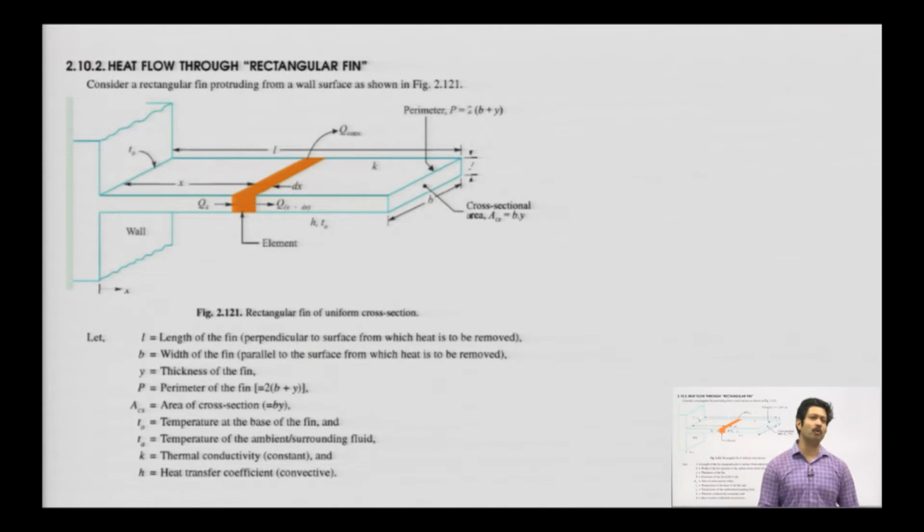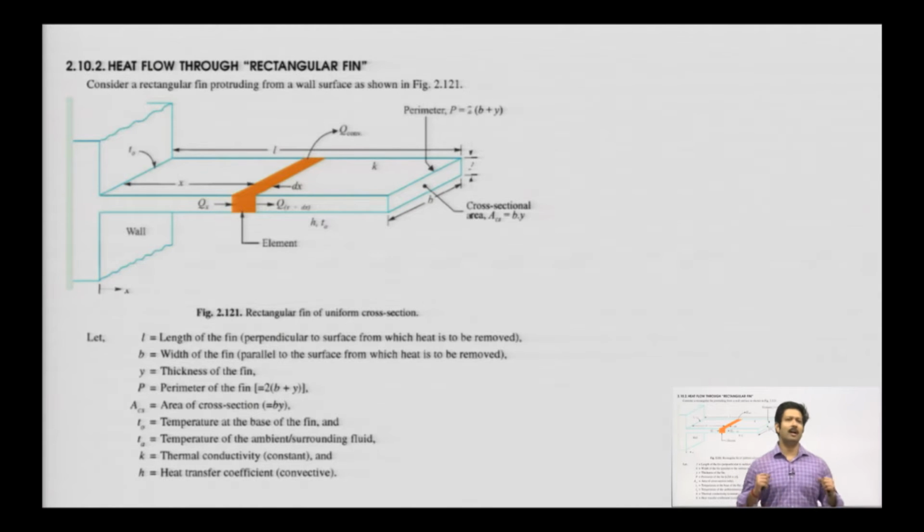The fluid flows and the convective coefficient will be h. If it is exposed to a fluid at a temperature lower than the solid surface, then definitely there will be heat loss due to convection.